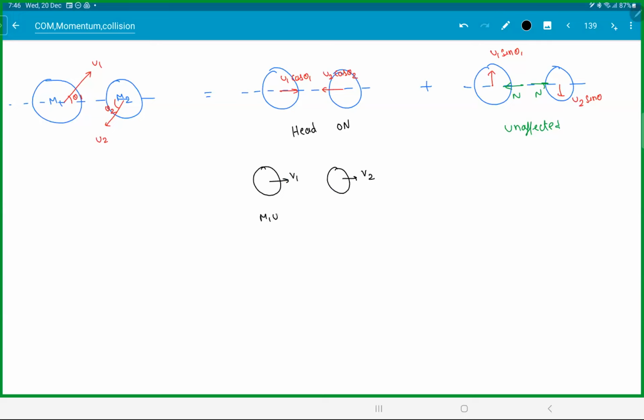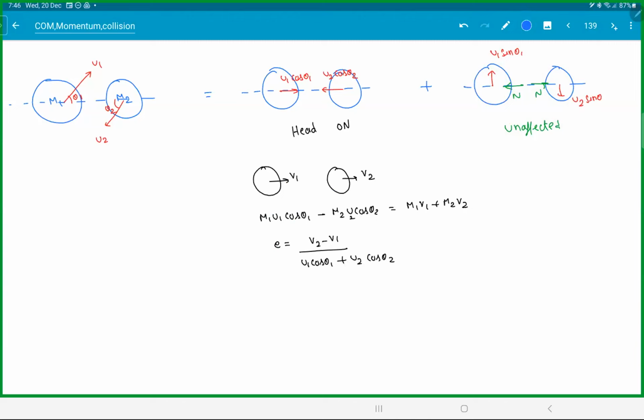Conservation of momentum: m1 u1 cos theta 1 minus m2 u2 cos theta 2 is equal to m1 v1 plus m2 v2. Restitution is equal to (v2 minus v1) by (u1 cos theta 1 plus u2 cos theta 2). Here you will get your v1 and v2.